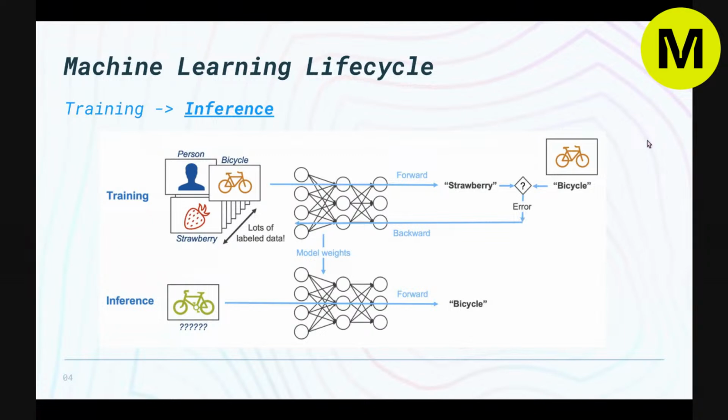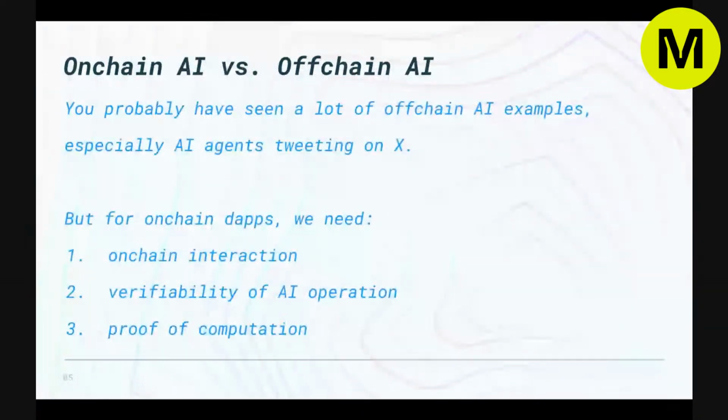Let's continue. You have probably seen a lot of off-chain AI examples, especially AI agents tweeting on X. And these AI agents, to put it simply, are essentially an off-chain GPT wrapper. How they tie the token to the AI agent is basically based on reputation.